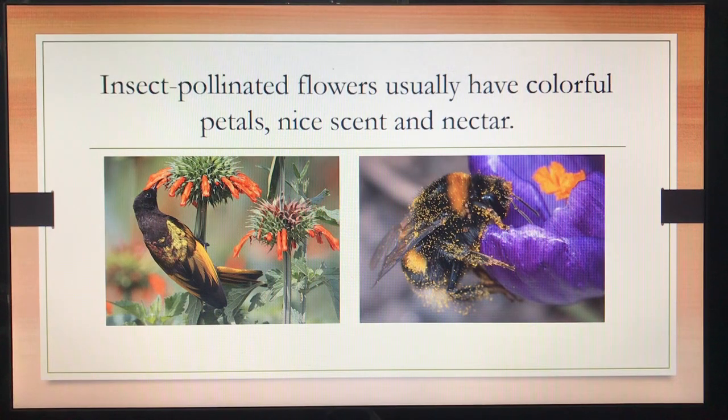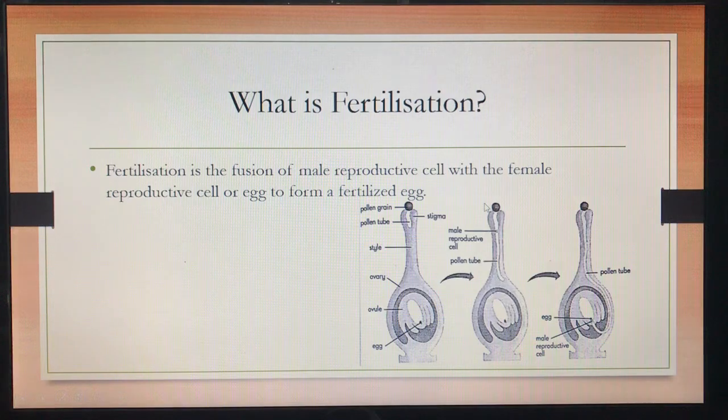However, insect pollinated flowers usually have colorful petals, nice scent and nectar, so that it will attract animals to go over to the flower, like birds or bees. Once the bees or birds successfully collect the pollen, as they go through different plants to continue to feed, they will be able to pollinate other flowers.